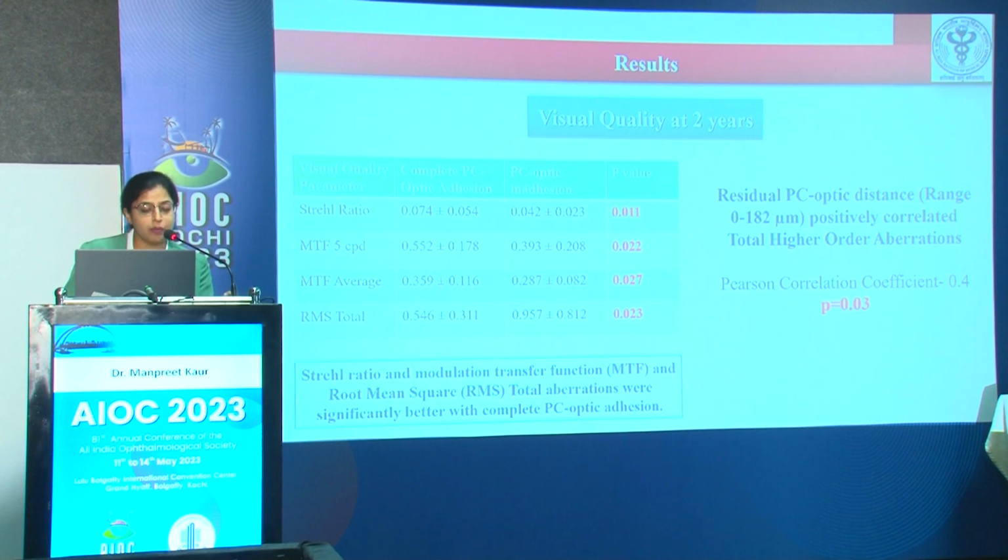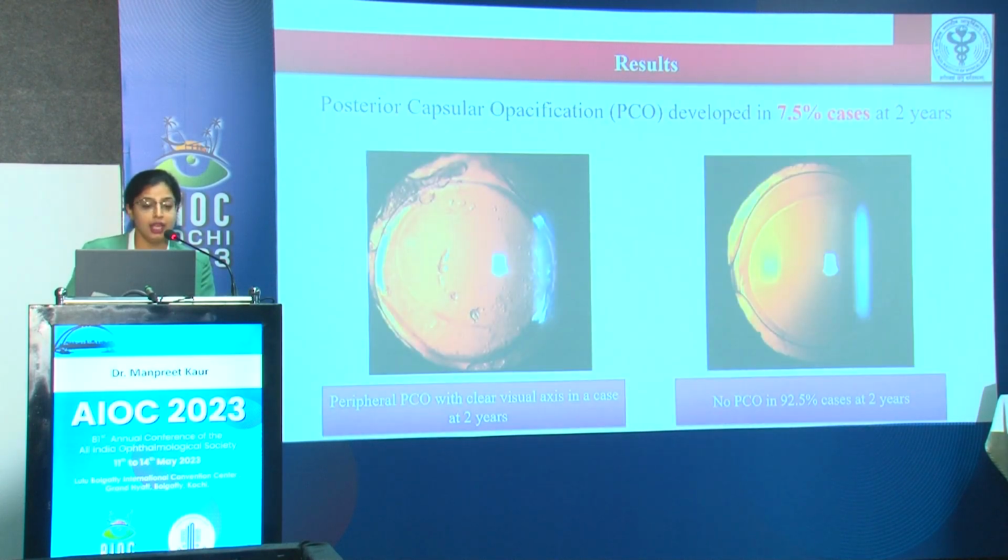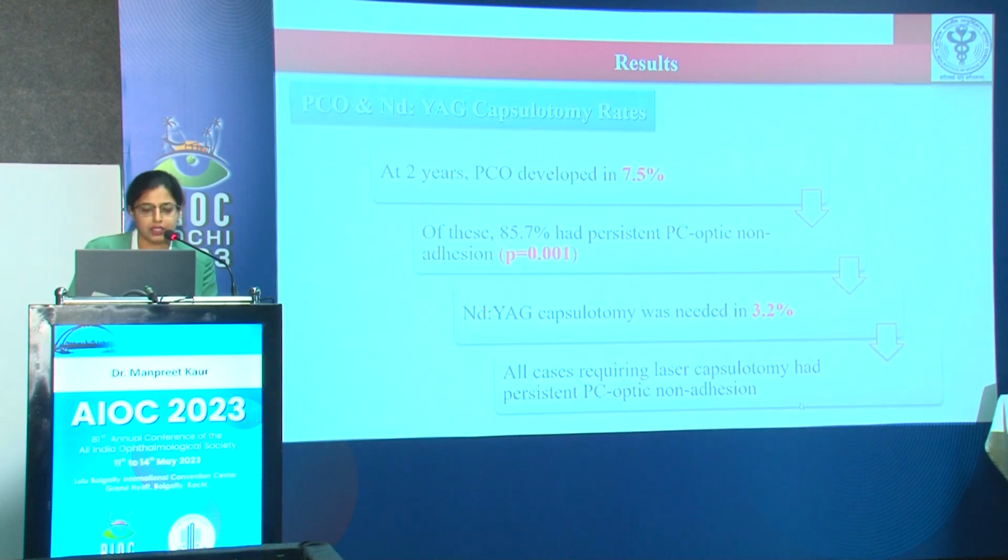So Strehl ratio, modulation transfer function, and root mean square total aberrations were significantly better in cases with complete PC optic adhesion. Coming to posterior capsular opacification, it developed in 7.5% cases at 2 years. So this is just an instance of a peripheral PCO with clear visual axis. 92.5% did not have any PCO.